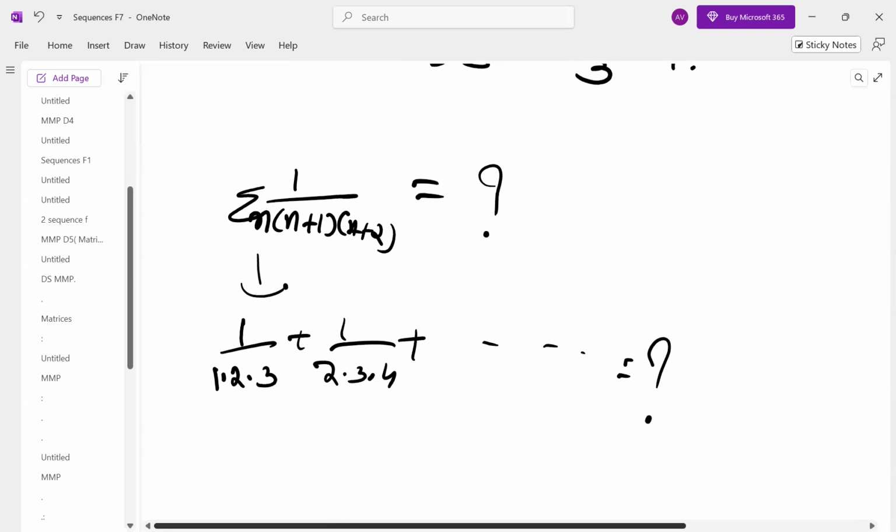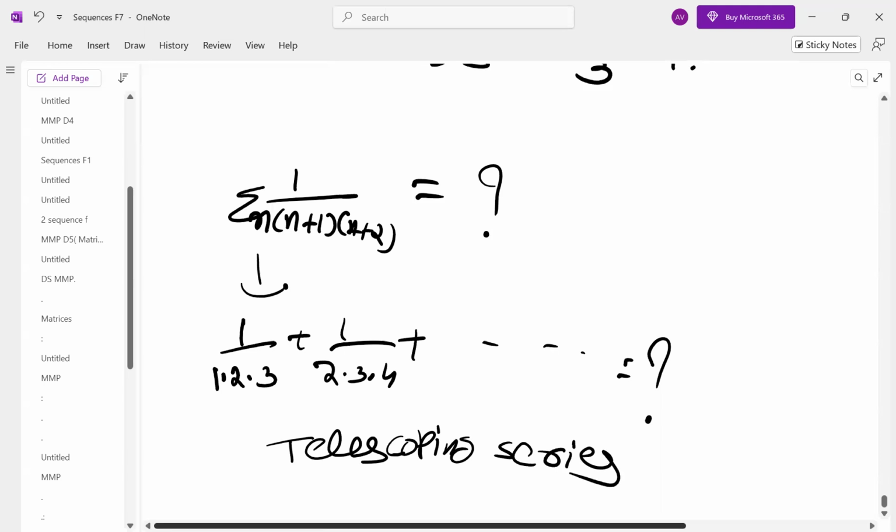So how will we find them? First, is it convergent or not? If convergent, what is the value? That can be done using a special type of series called telescoping series. Very interesting questions are there. We are definitely getting one question in the entrance; that we will see in the next class.